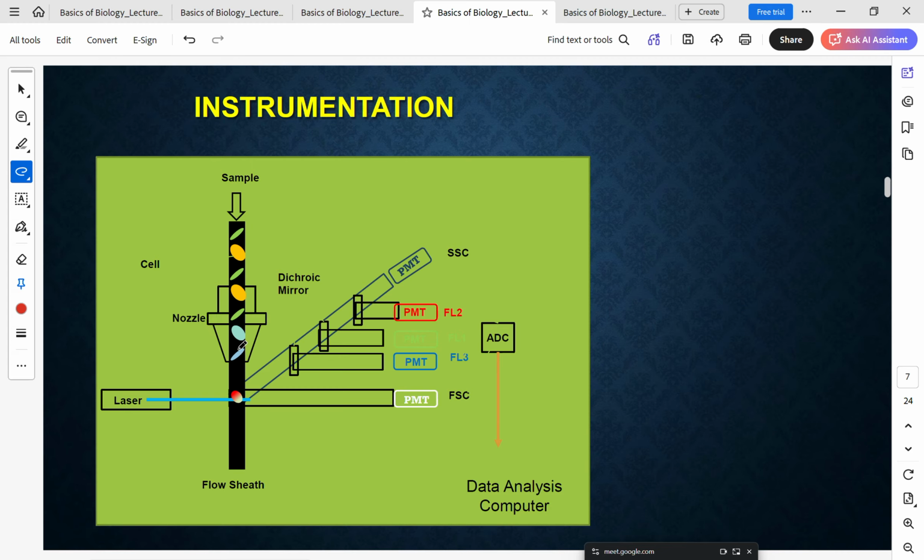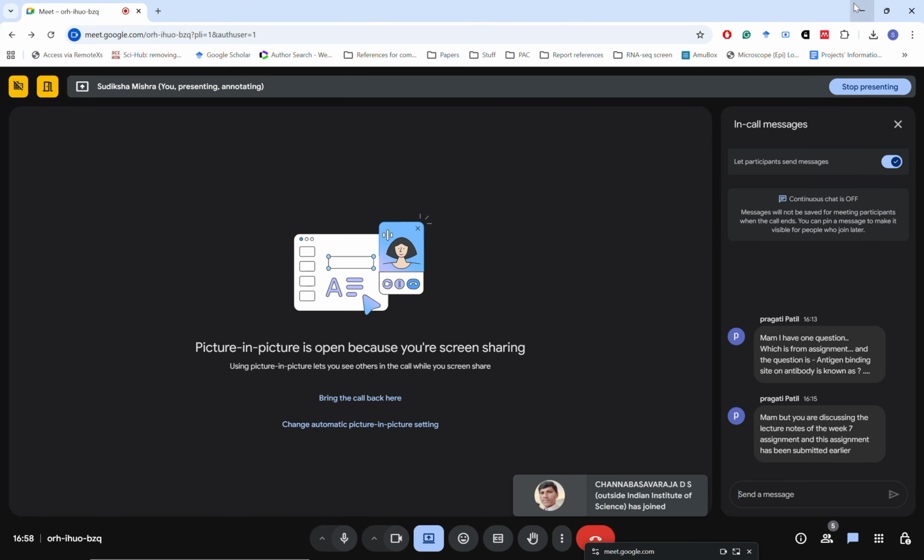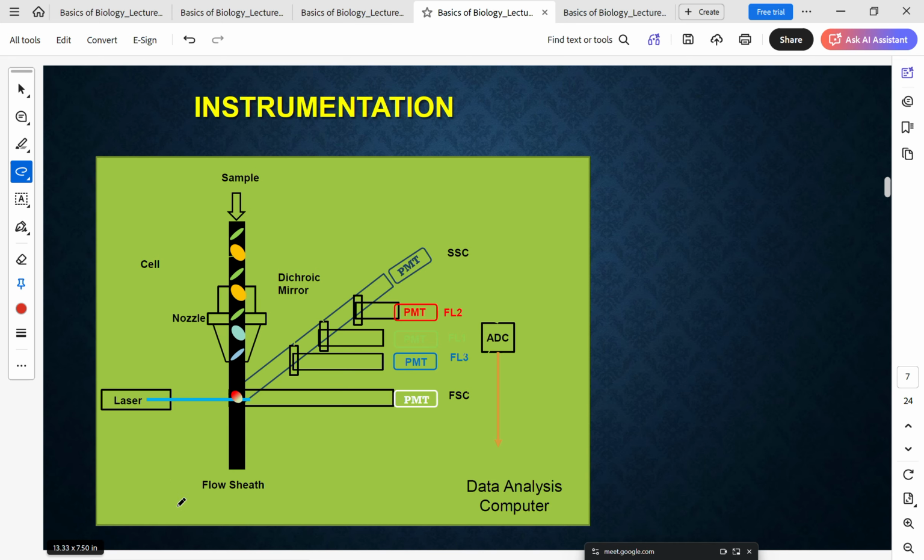There is a channel wherein you apply a sample. There's a laser that scans each of the cells, and if you have any fluorescent tags... SSC means side scatter, FL1 and FL2 are fluorescent channels, and FSC is forward scatter. Depending on what you are looking at, you can select any of these channels, and the laser module will shine lasers on the sample, then sort it accordingly.